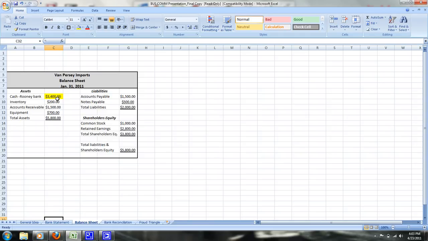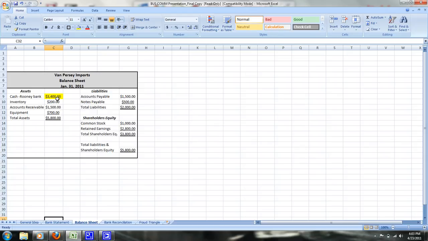So that's where the bank reconciliation comes into play. We have to make adjustments to get them to equal. These differences between the general ledger account and what the bank statement says we have can occur for a couple different reasons.